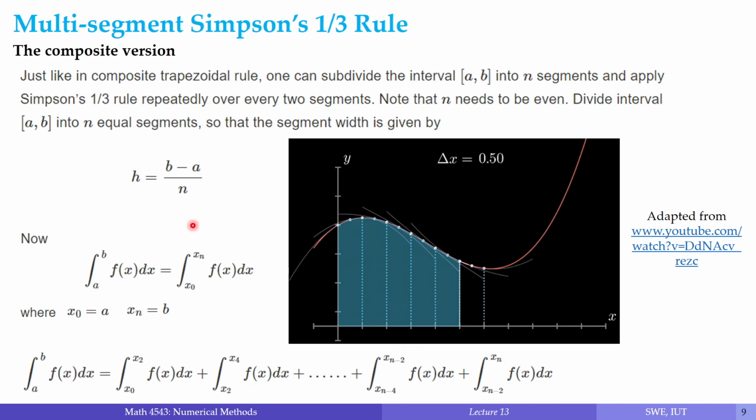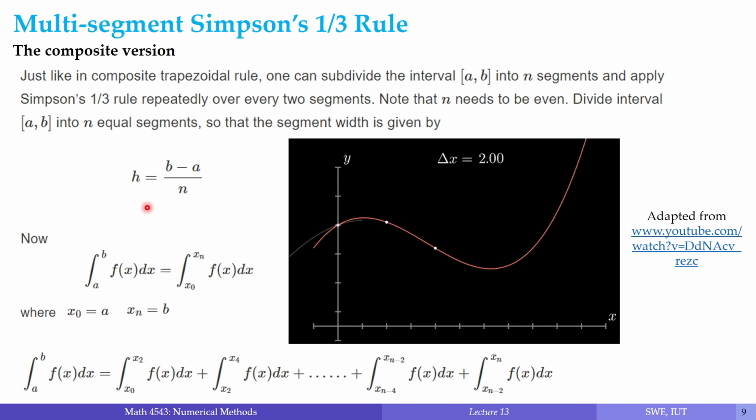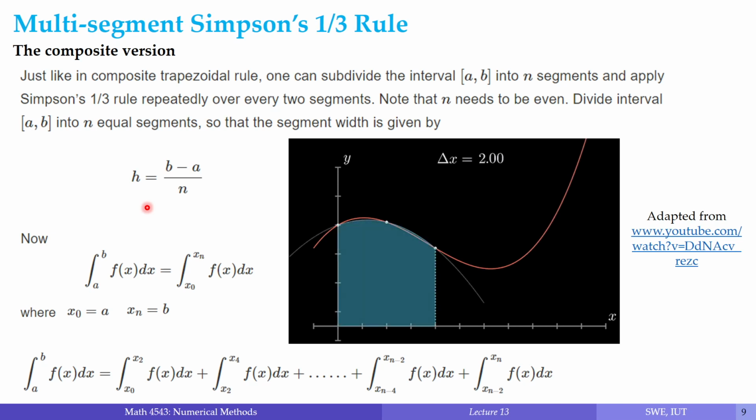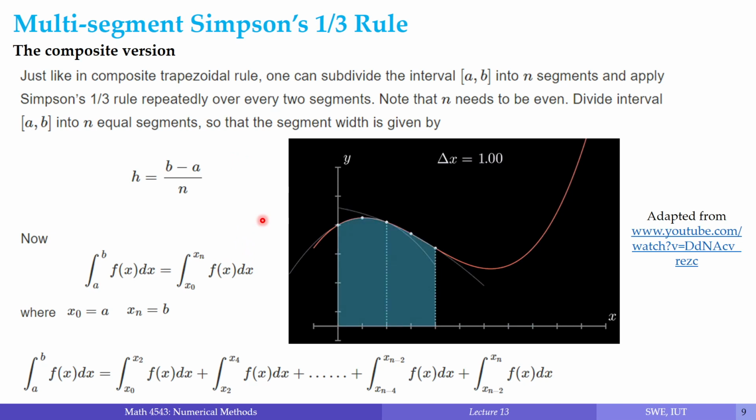Before delving into this GIF, we'll try to understand the concept behind the multi-segment Simpson's 1 by 3 rule. Before, we only used one single second order polynomial in order to detect the pattern of the whole curve. But now we are not resorting to only one second order polynomial.